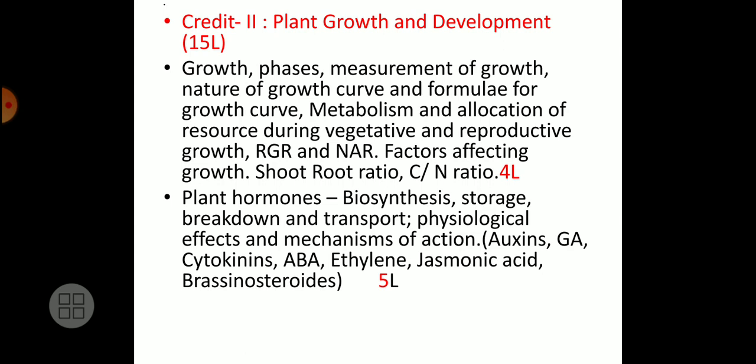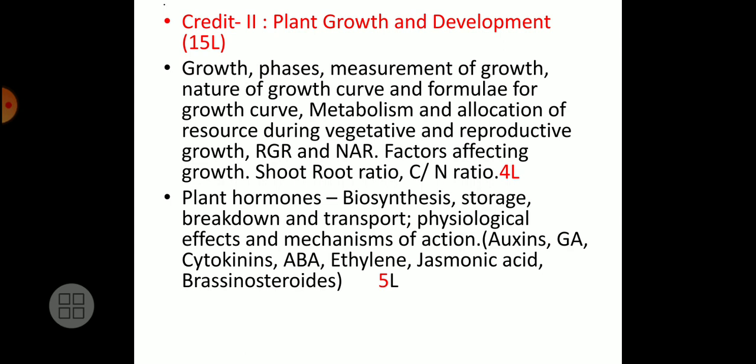Again, metabolism and allocation of resources during vegetative and reproductive growth. So we know that metabolism is the combination of catabolism and anabolism processes. In Marathi we say metabolism is nothing but the chaya pachayachi kriya. Anabolism is the synthesis, catabolism is the utilization or breaking down. The total sum of that is the metabolism process.